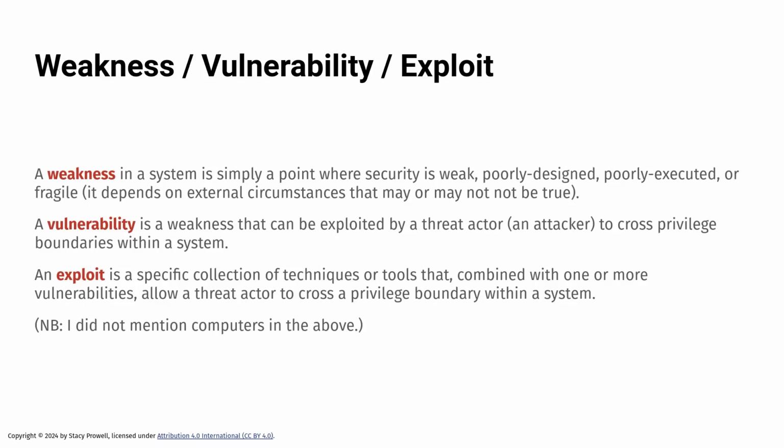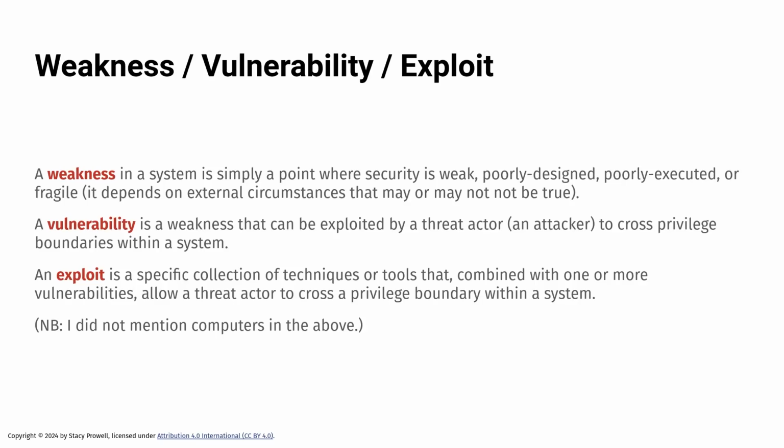So let's go over again what these different things are. A weakness in a system is just a point where security is weak, or maybe it's poorly designed, or maybe it's just poorly executed, or it's fragile. That is, it depends on some external circumstances, and they may or may not be true. Right? The security of your system depends on somebody going by and visually confirming that something has been done, and that can make it fragile because maybe they won't always do that.